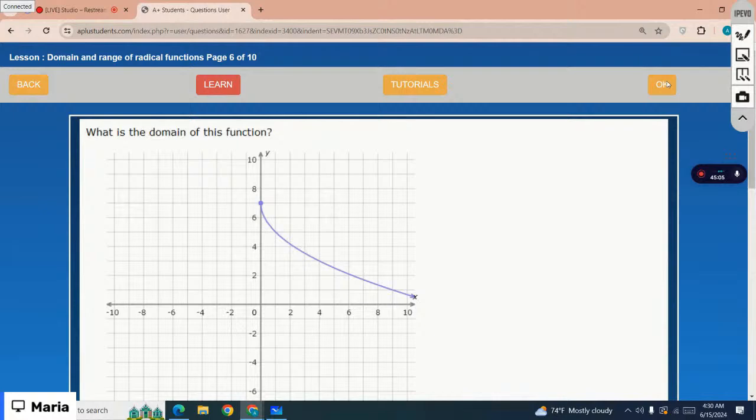What is the domain of the function? So the graph is starting from the 8 and the values are decreasing, right?